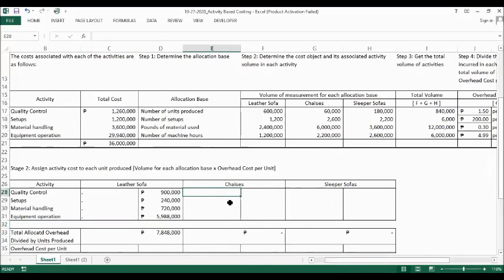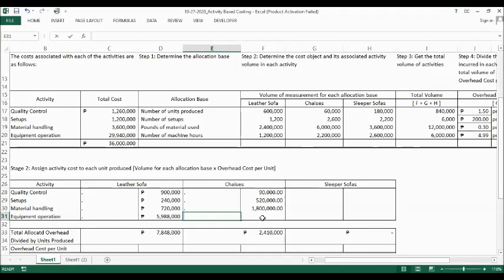Now, we compute now for the chases times the overhead cost. So, 60,000 times 1.5, that is how much? That is 90,000. And continuing, 2,600 times 200, that is 520,000. 6 million times 0.3 is 1.8.